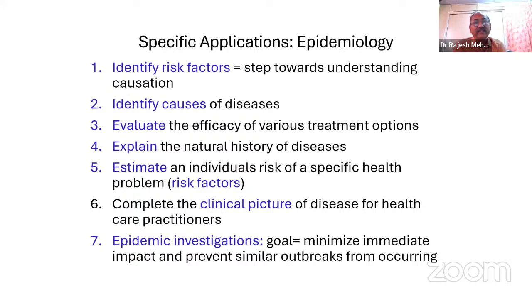Then completing the clinical picture of disease for healthcare practitioners. Because usually what happens is that patients come on the second or third day of the fever, and in the initial few days they might have taken home remedies or taken treatment from the chemist, and then some of them may not go to the clinician at all.